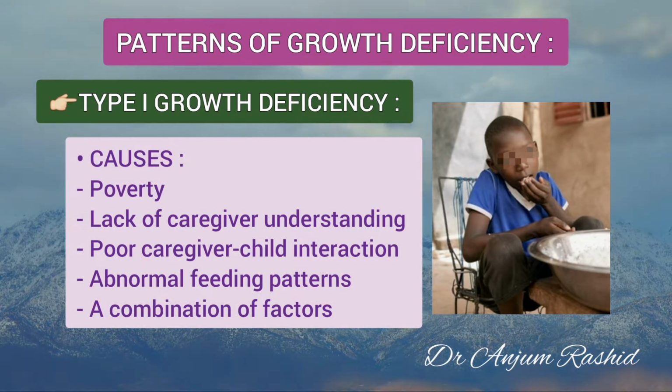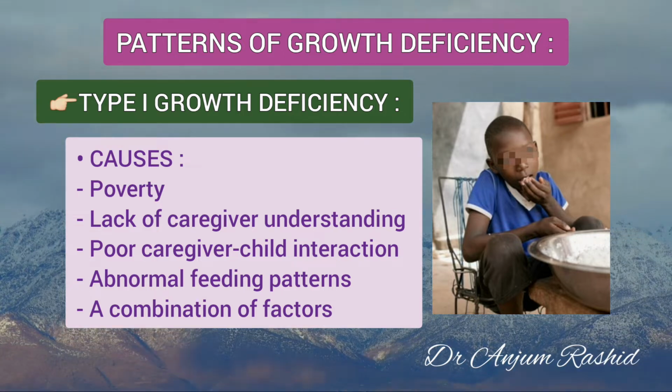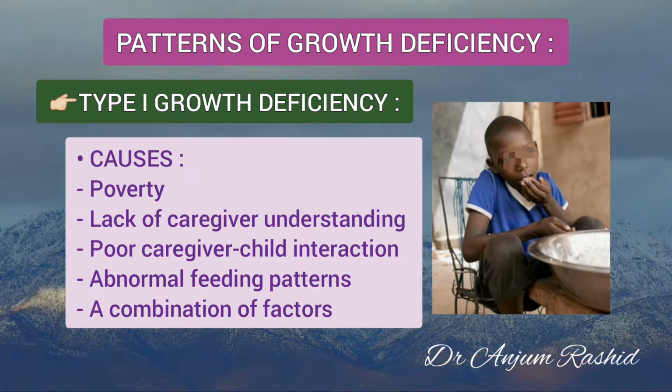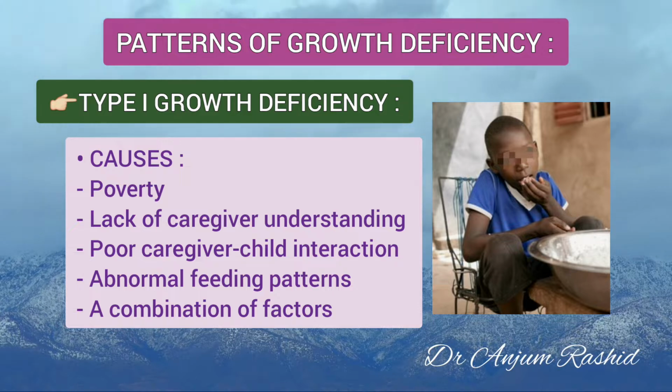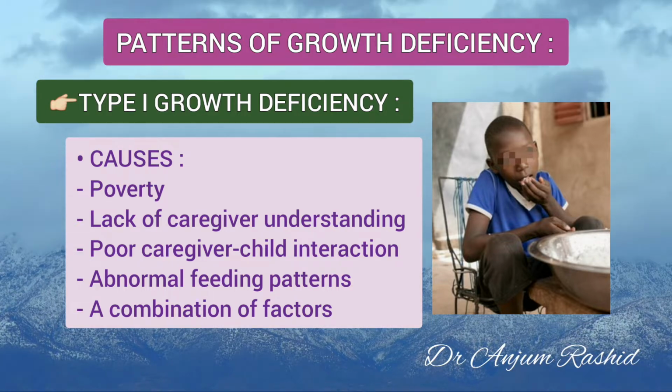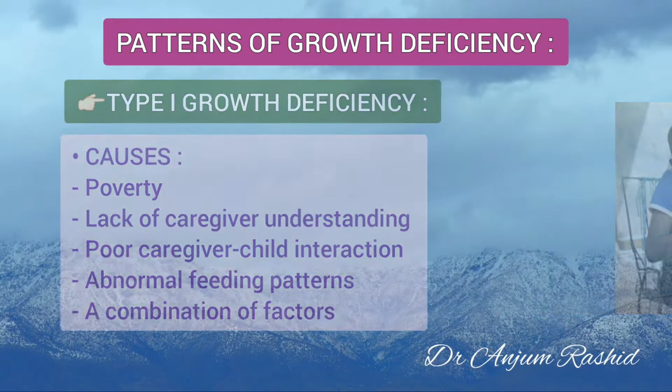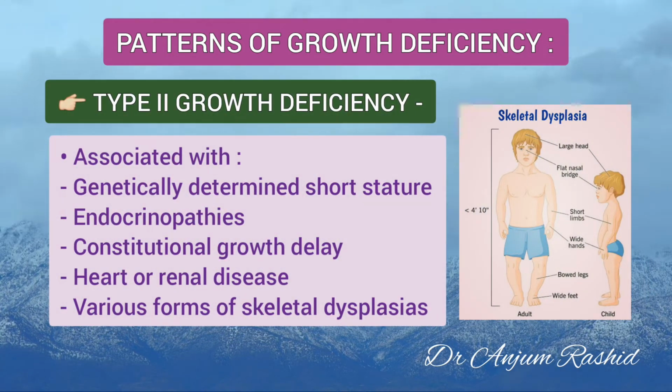Most such cases result from inadequate delivery of the calories. This may be the result of poverty, lack of caregiver understanding, poor caregiver and child interaction, abnormal feeding patterns, or a combination of factors.